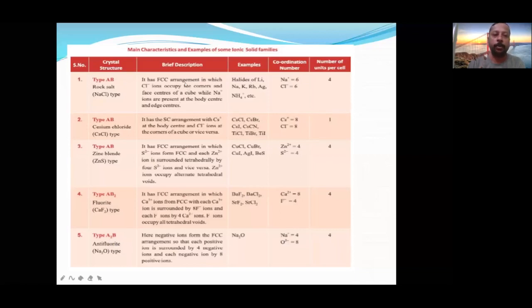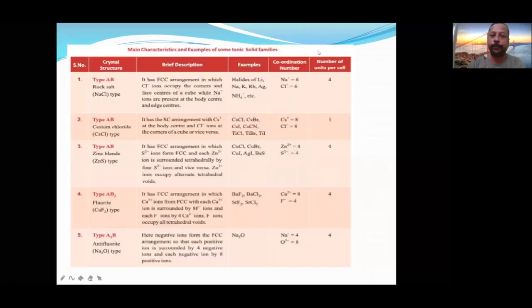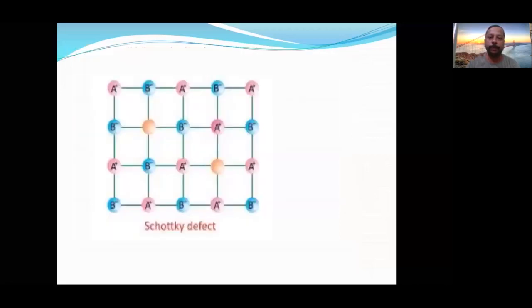In rock salt, chloride ions occupy FCC positions. FCC means all corners, and apart from that they are also at the face centers. So don't have this misinterpretation.